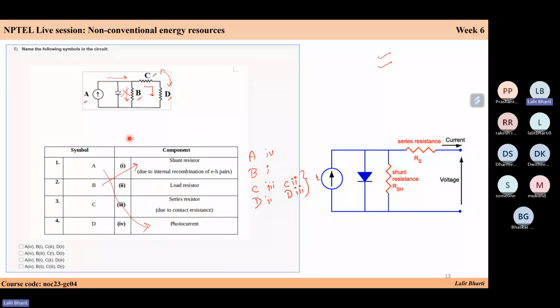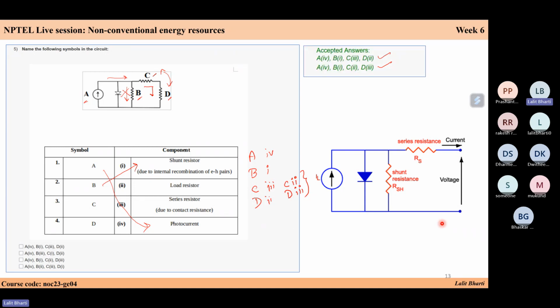So these are series resistance, and D is basically your load. So D is your load resistor. A will go to 4, B will go to 1, C is third, and D is 2. So this solution is correct. This is again the same model we talked about in the previous to last question. So this is also done.